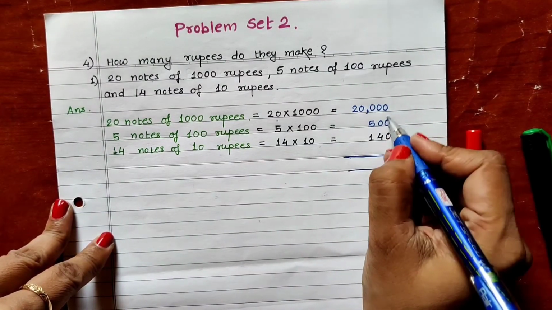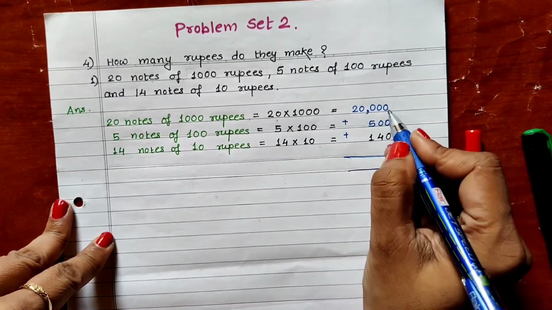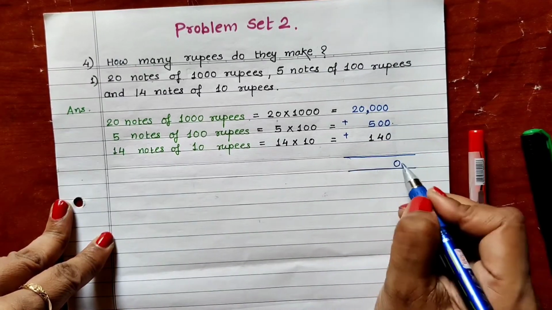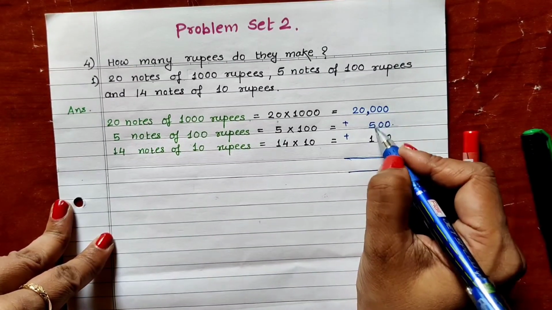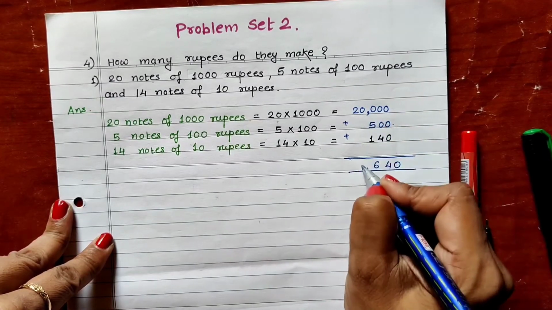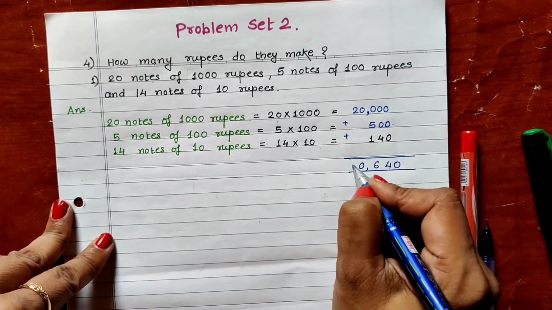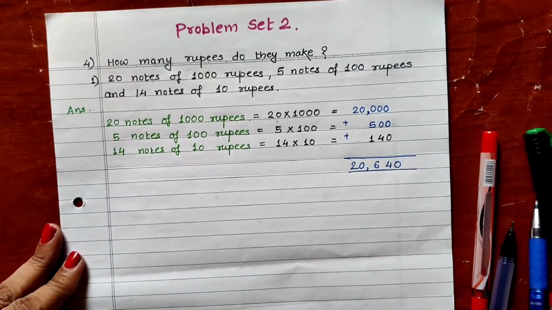We will be adding. 0 plus 0 plus 0 is 0. 0 plus 0 plus 4 is 4. 0 plus 5 plus 1, 5 plus 1 is 6. Then this 0 as it is we have to put down. This 2 as it is we have to put down. How much have we got? 20,640.